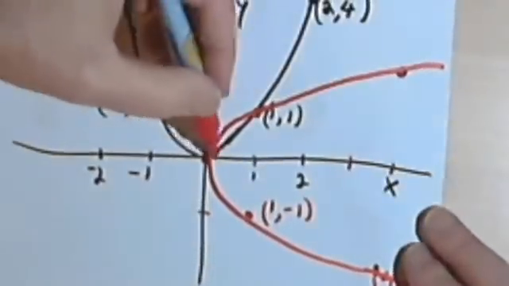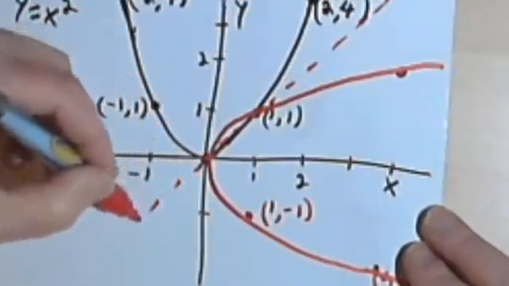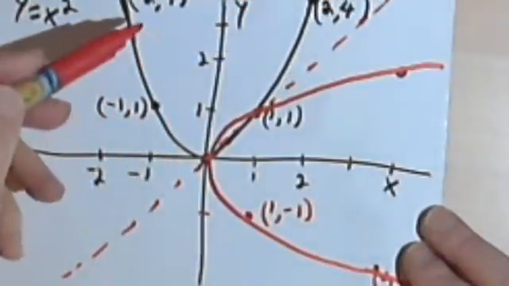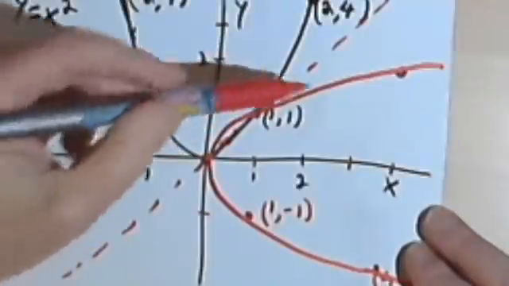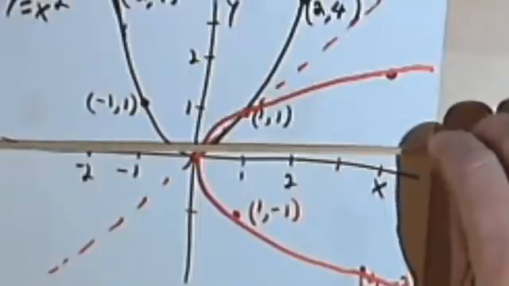well, what I've done, if I draw this diagonal line, is kind of the equivalent of flipping this original parabola across that diagonal line, but now you can see that it fails the vertical line test. So the inverse is failing the vertical line test because the original failed the horizontal line test.